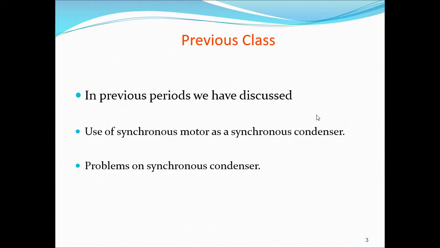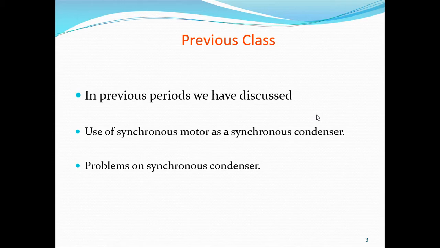And in the last class we also covered synchronous motor as a synchronous condenser. Where do we use it? In large industries which have only induction motors, because of these induction motors the power factor is lagging. So the power factor of the overall plant is reducing.